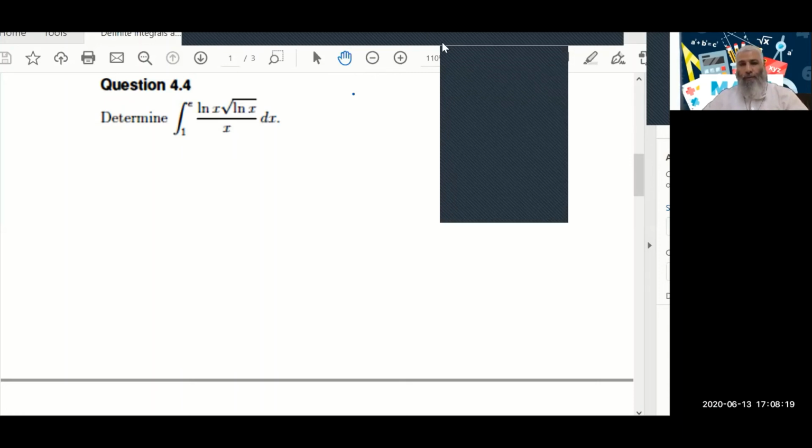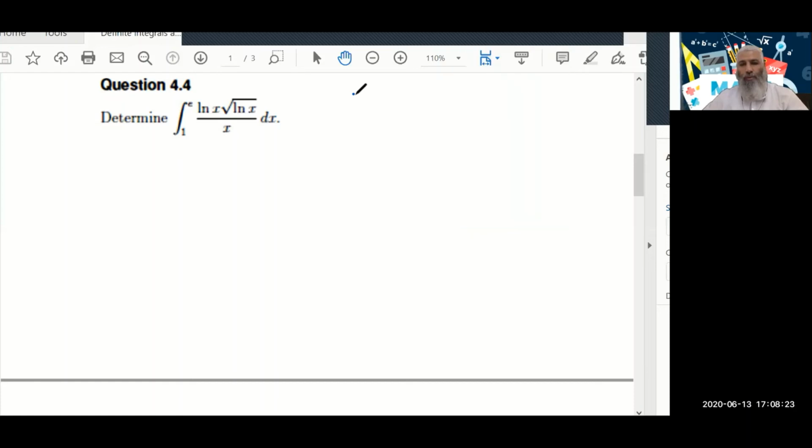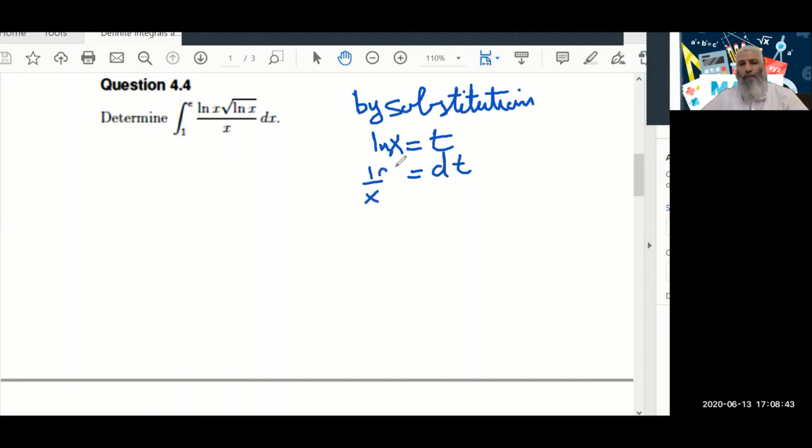It's 1/x. So we will substitute. Ln x equals t. So dt equals 1/x dx.